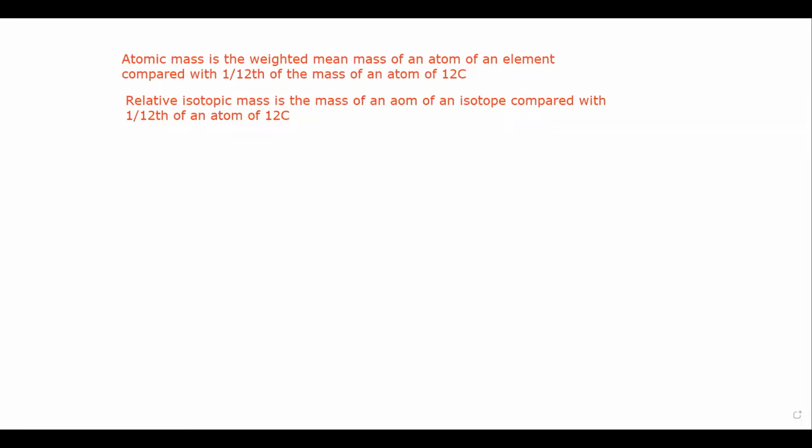So the way that we work out our AR, our atomic mass, is using these isotopic abundances.